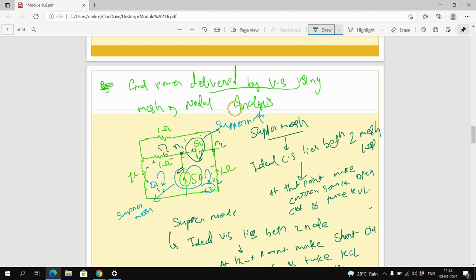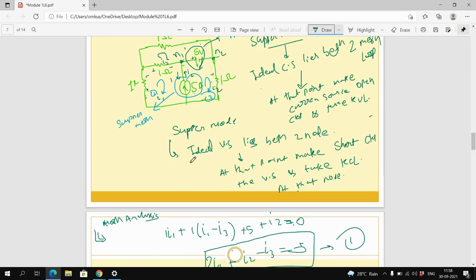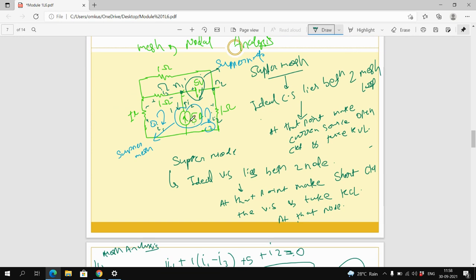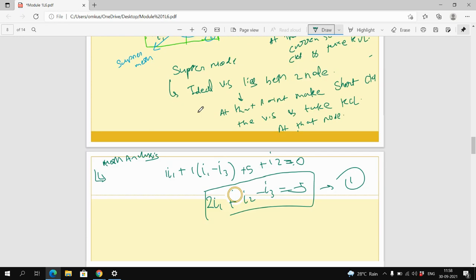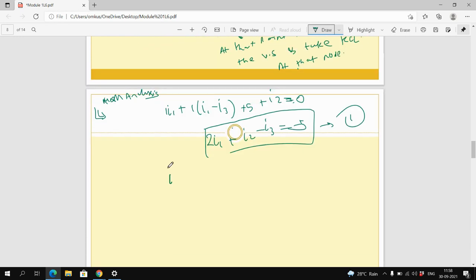For the next equation, what is the current direction of I1? From this side. What is the current direction of I2? Upward, right? So our net actual current flowing is in the upward direction, so I2 minus I1 equal to 5 ampere. I hope this is clear. This is the second equation.